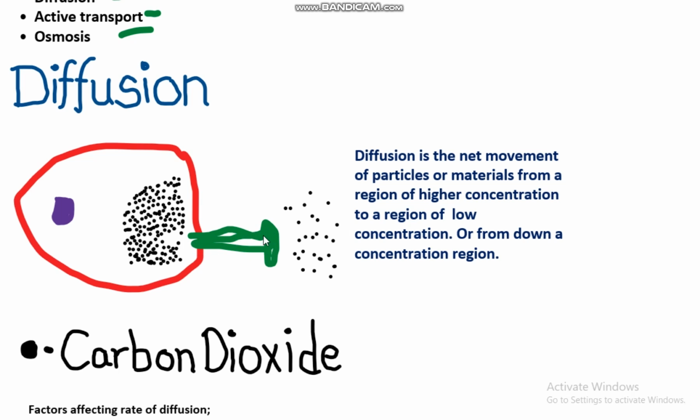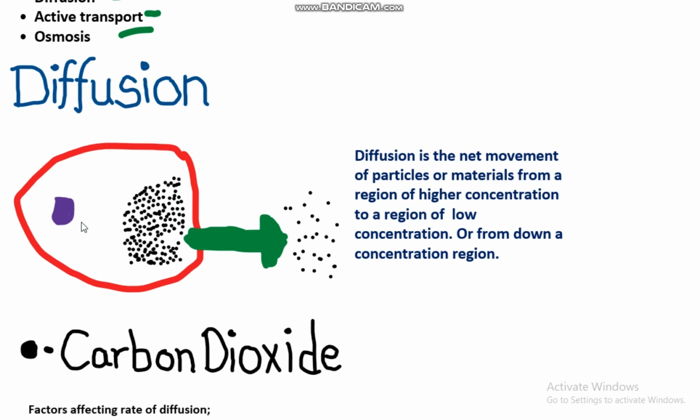So for example, this is a cell and the dots are carbon dioxide, and this carbon dioxide is moving out of the cell because when aerobic respiration happens, carbon dioxide is produced, and it is required to be moved out of the cell.